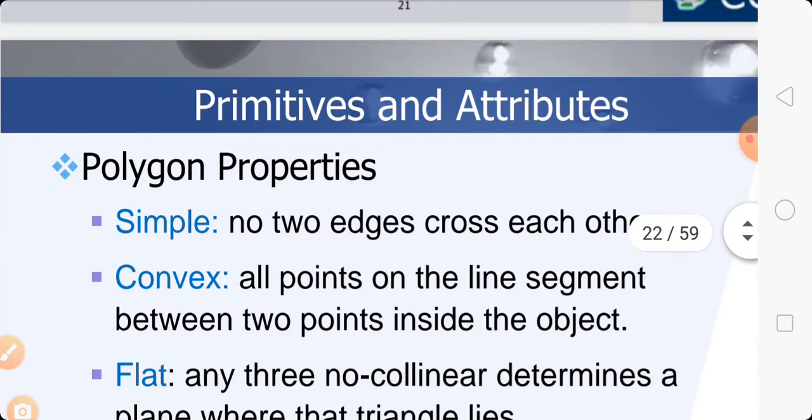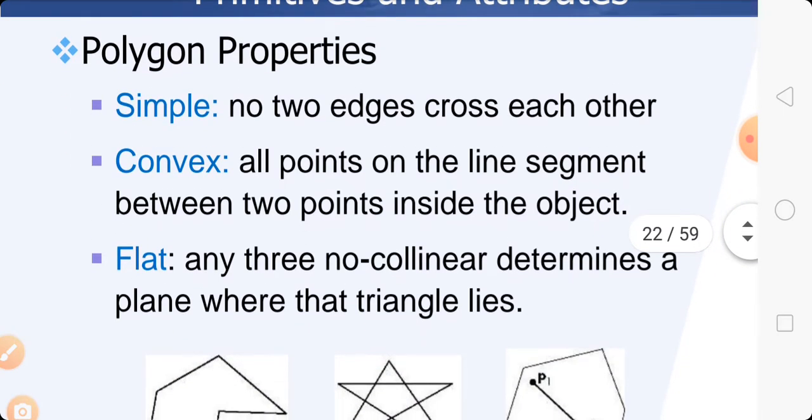So polygon properties: simple means no two edges cross each other. If a polygon is simple, then no two edges cross each other. If it is convex, all the points on the line segment between 2 points are inside the object. And flat means any three non-collinear points determine a plane where that triangle lies.